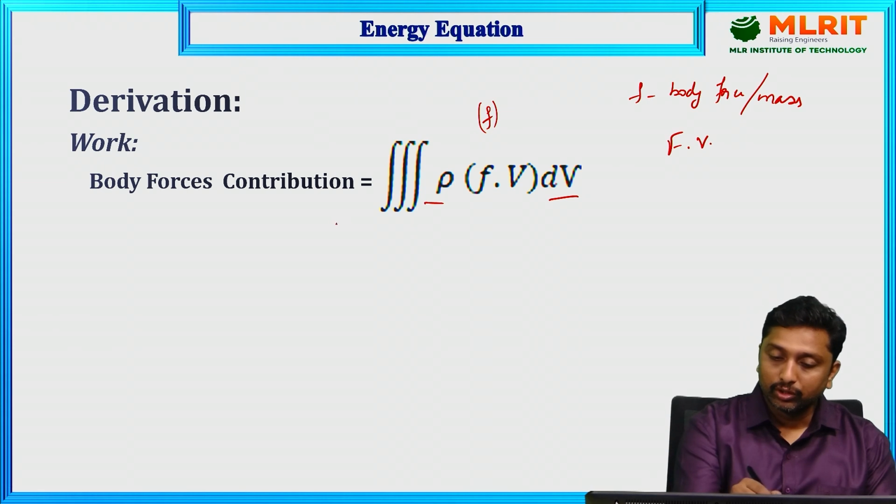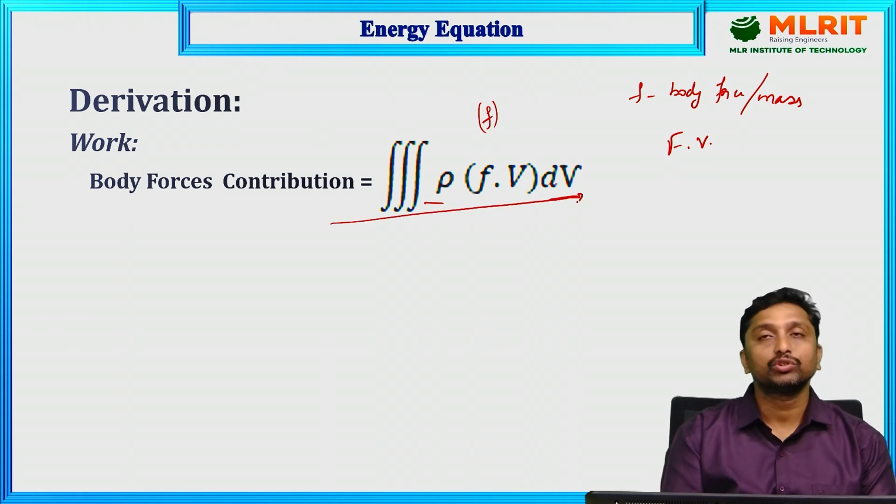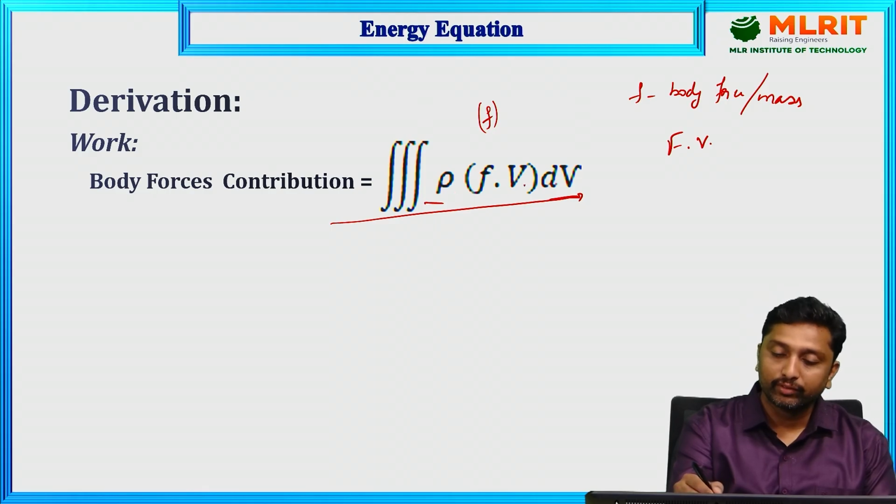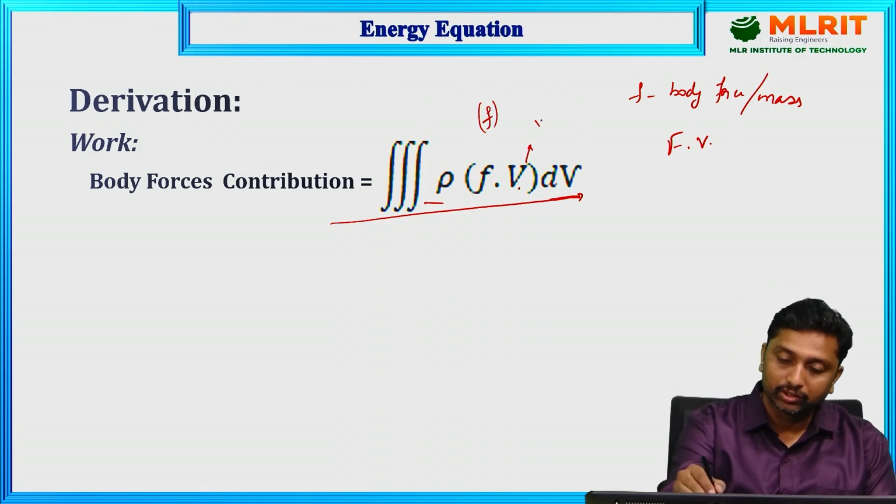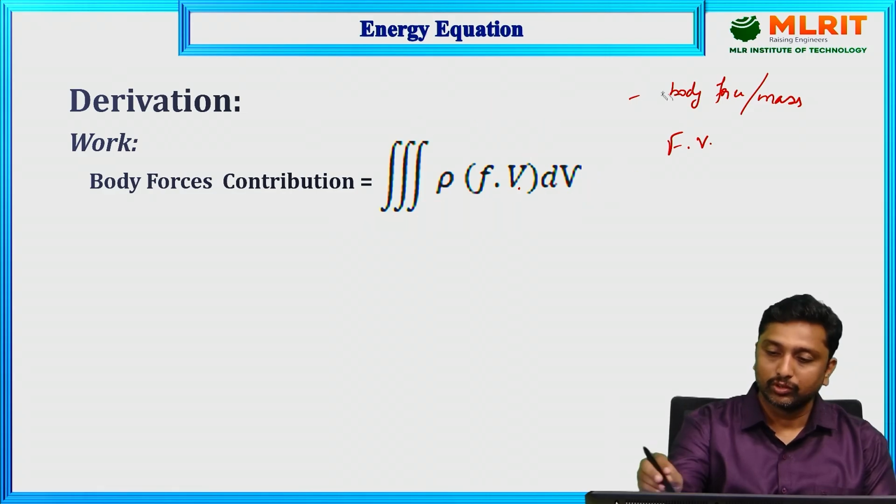So the contribution of body force to the work done is rho F V, where here V is velocity and here it is volume.